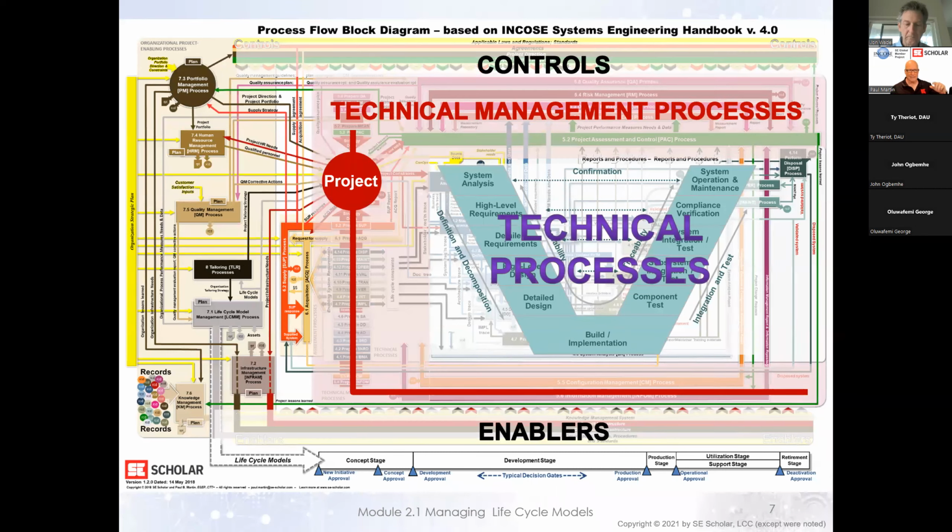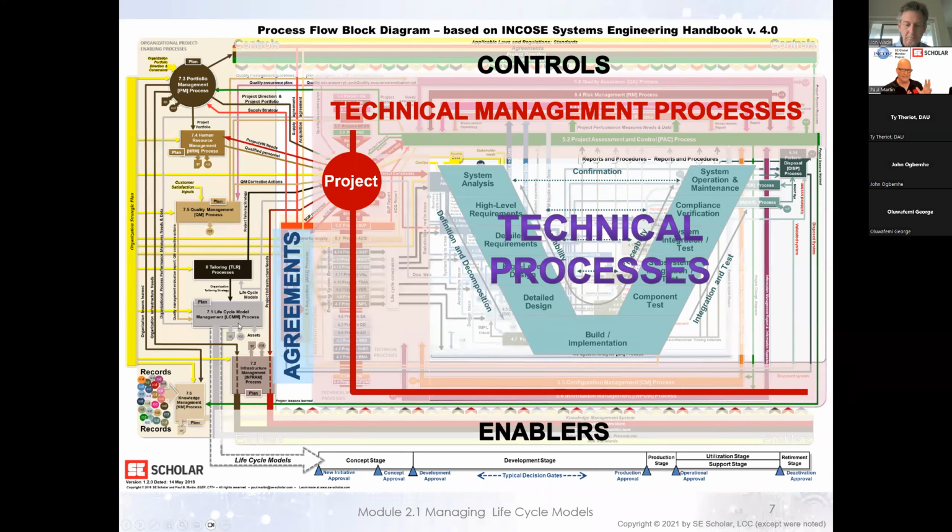Surrounding the technical processes are technical management processes. I always point to the chart by pointing to the project over here. So you have all these processes that are supporting the technical processes. And don't forget, you have controls and enablers as well, and they get created by some of these processes.